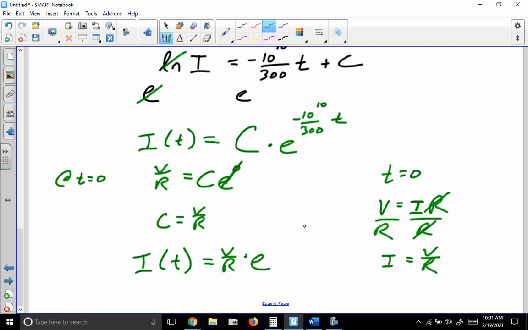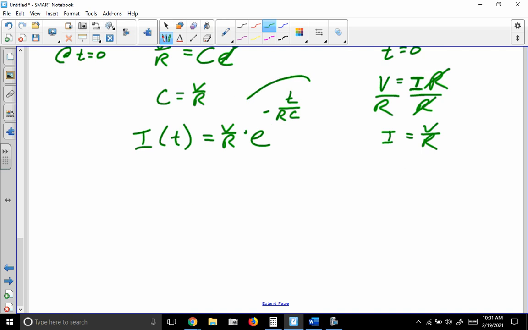So now let's look at what these things are. We have a negative. Before we moved that 10 to the 10th to the top, it was 10 to the negative 10 on bottom, and that was the capacitance. That 300 is the resistance, and that's times time, so we could put t over here, or put t on top.